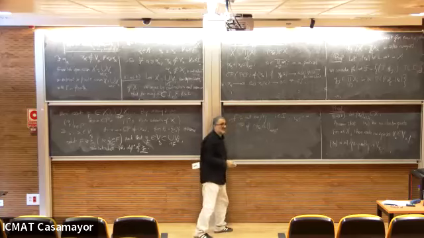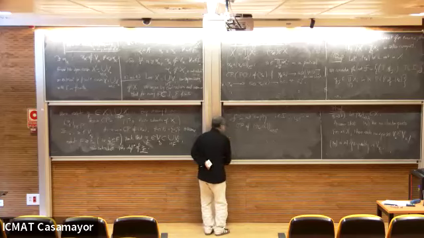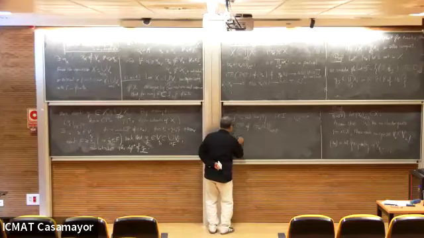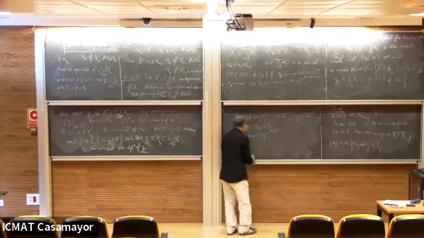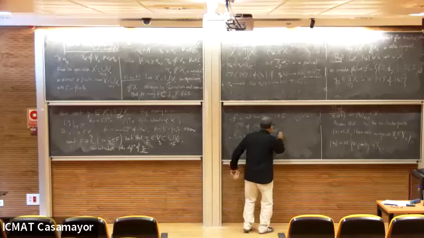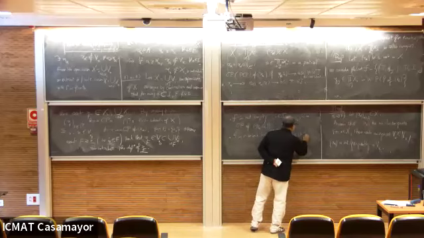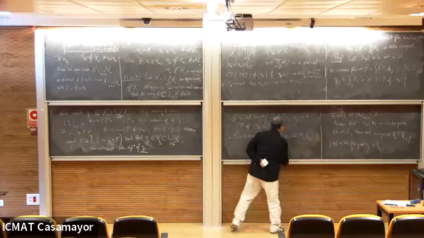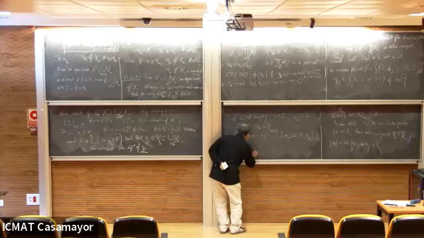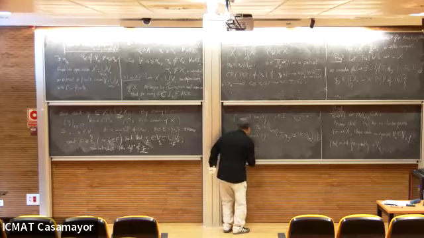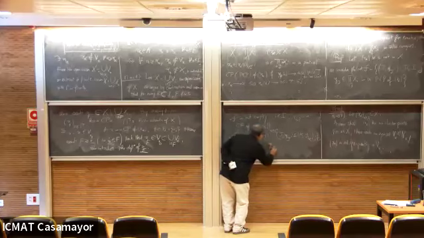This is a net in Xi, which is compact, so it has a cluster point. Now, F is ordered in a very natural order: (J, Yj) less or equal than (K, Yk) if J is contained in K and Yk restricted to J is equal to Yj.